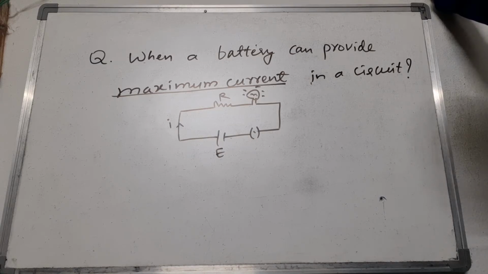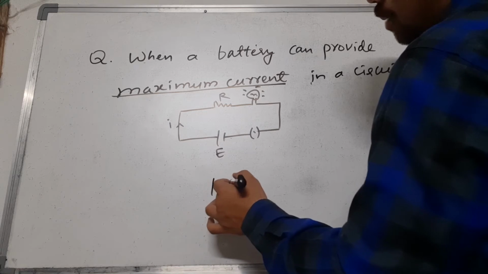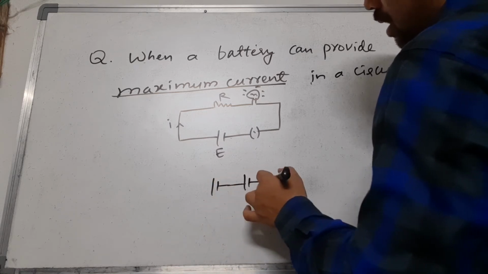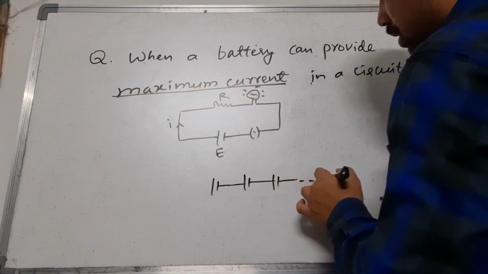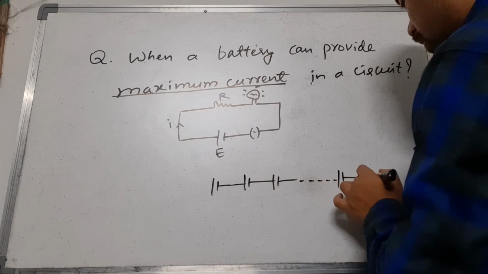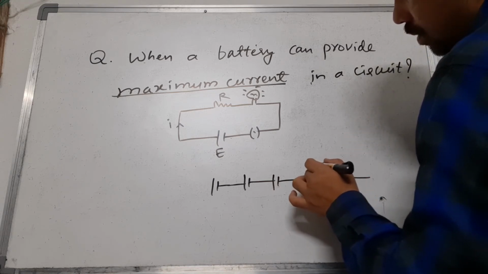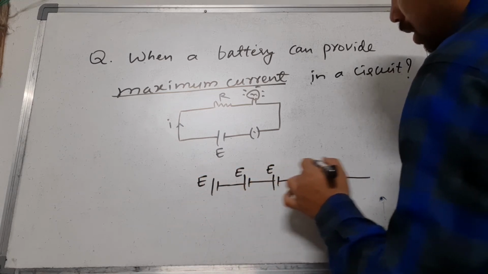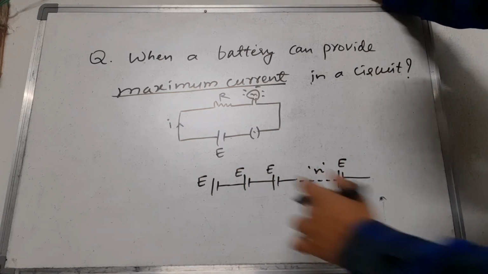So when the battery can give maximum current means, suppose I am taking there are n number of batteries connected in series. Suppose we are connecting n batteries, that is E, E, E, E, like this, n number of batteries in series.